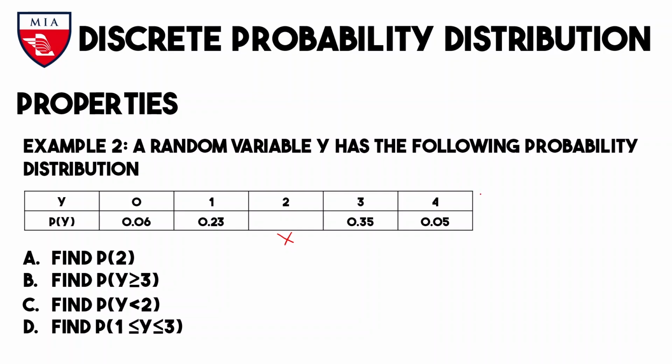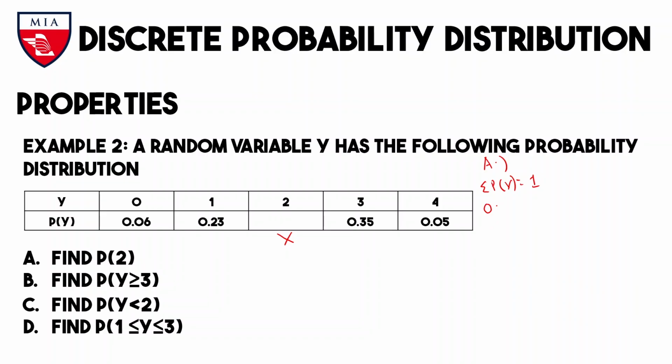First, let's find the value of A. In A, we need to find the value of the unknown. How can we solve for the value of the unknown? Based on our property number 2, the summation of all probabilities is equal to 1. Therefore, we will just add all the probabilities and equate it to 1. That way, we can solve for the unknown because we can simplify the equation.